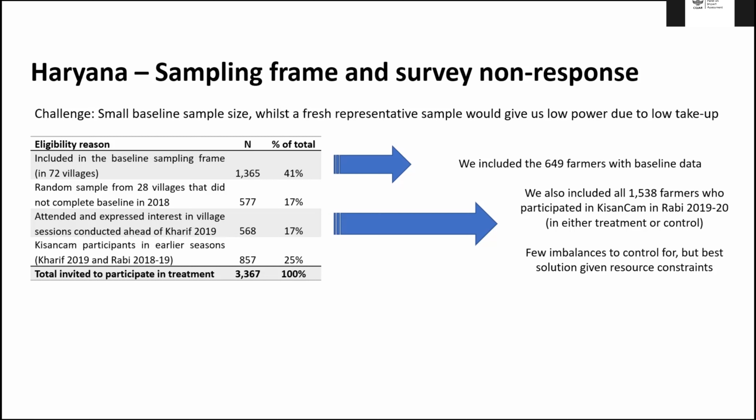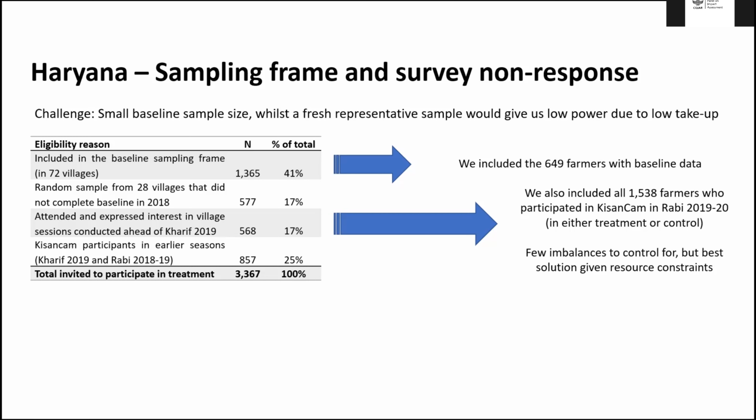So what we did instead is, of course, we included any farmer we could get with baseline data. But in addition, we recruited farmers who had participated in the preceding season in sending in images in return for those cash incentives in the control group versus in return for picture-based insurance in the treatment group.